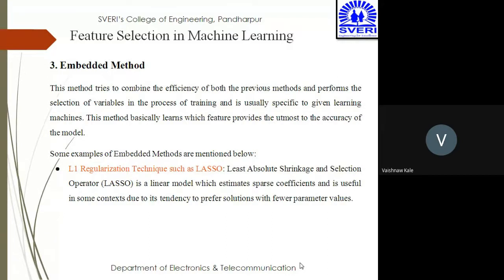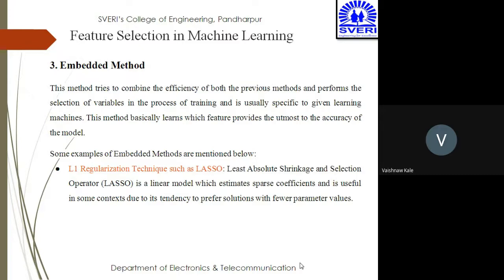So it keeps selecting features until the model gives the most accurate results. Actually, the embedded method is a combination of the filter method and the wrapper method so that the efficiency can be improved. The efficiency is improved by searching out those features which will give the utmost accuracy of the model. So in this way, you are embedding two methods. That is what is called an embedded method.